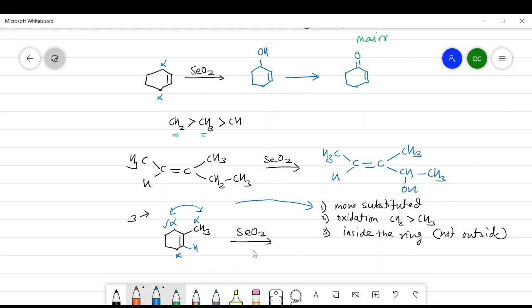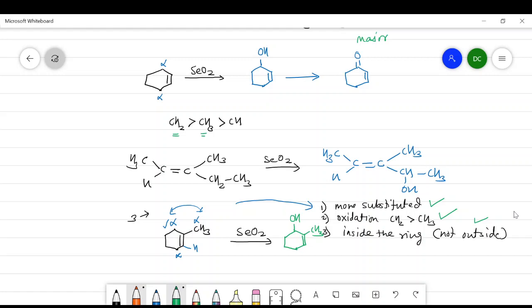That's why we will get hydroxylation, in which the OH group comes on this carbon and the remaining structure is as it is. Therefore, if there are choices of allylic position, one should keep in mind: more substituted side, CH2 rather than CH3, and inside the ring. In this way, SeO2 causes oxidation in a cyclic compound.